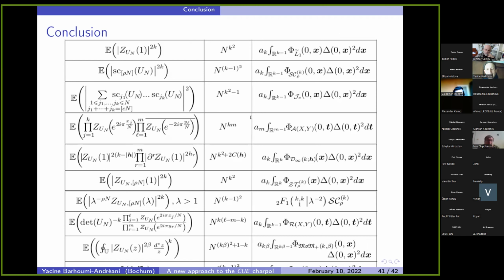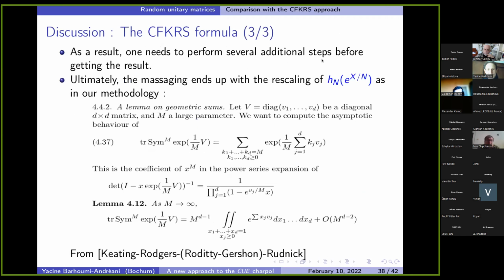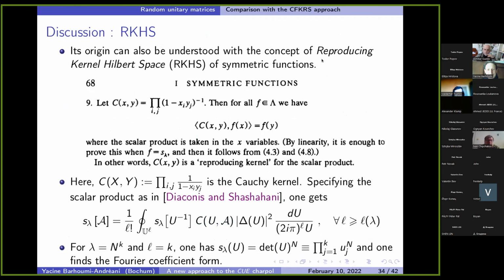This Cauchy kernel is on page 68, example 9. You see, MacDonald's book is very, very dense. You have lots of things. So this is a little tiny example, but you understand that better if you read papers of Diaconis and Shahshahani, etc. This is in the book of MacDonald, but you might have missed it, it is just mentioned.